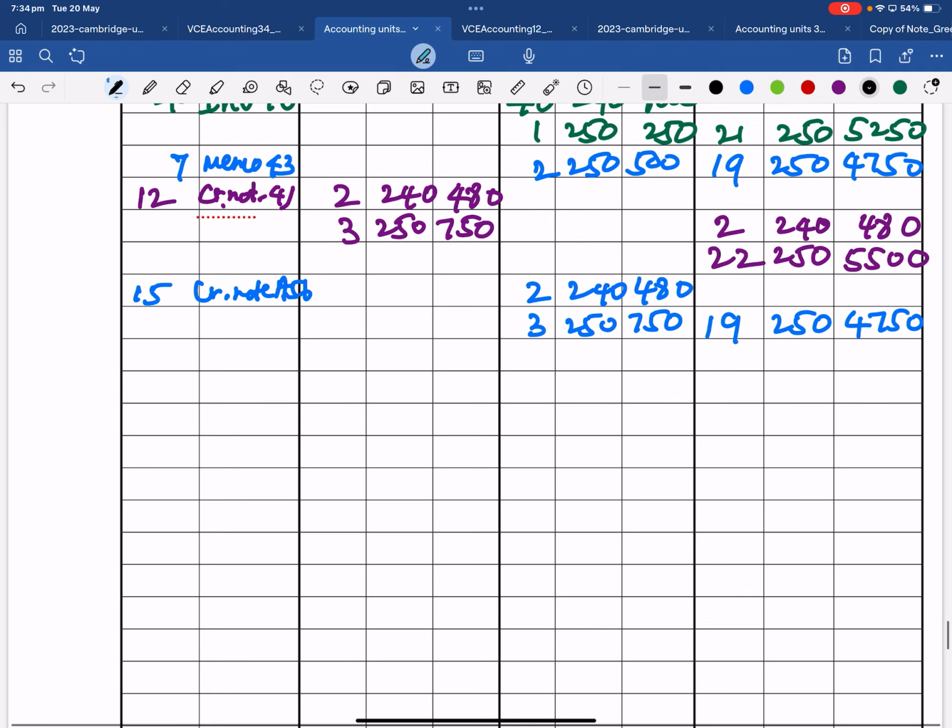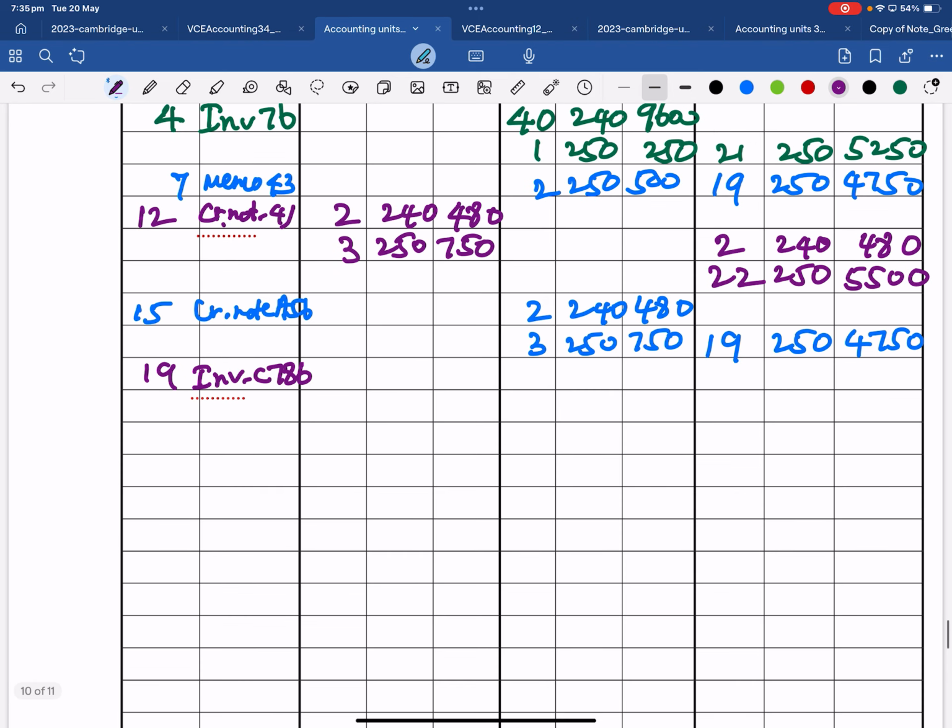Okay, guys, what is it? 19th. Credit note. Sorry, not credit note. Invoice C786. In or out?